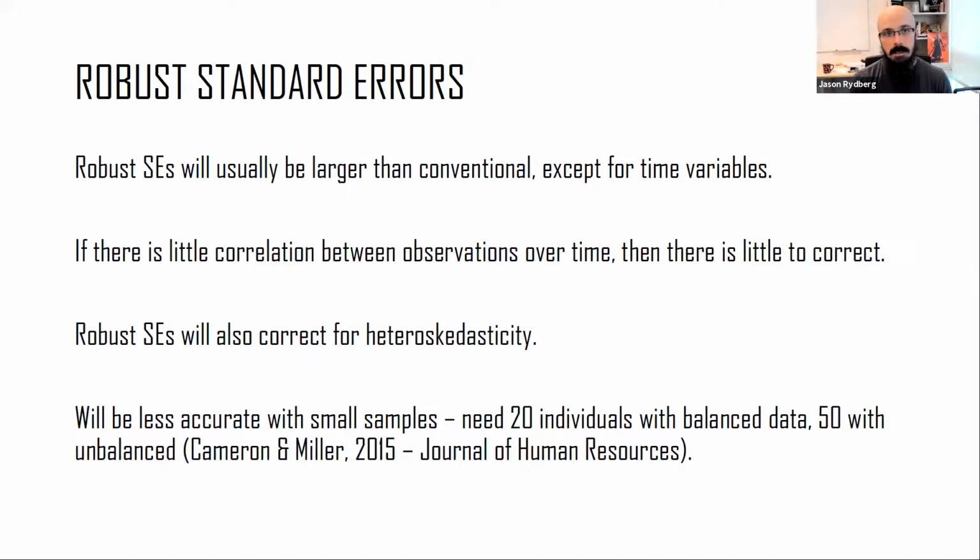In those cases, you might not expect the robust variance to be any different from the conventional. Because they also correct for heteroscedasticity, this does lead to some circumstances in which researchers might feel pressured to do a robust variance estimate, even if it's not really necessary.